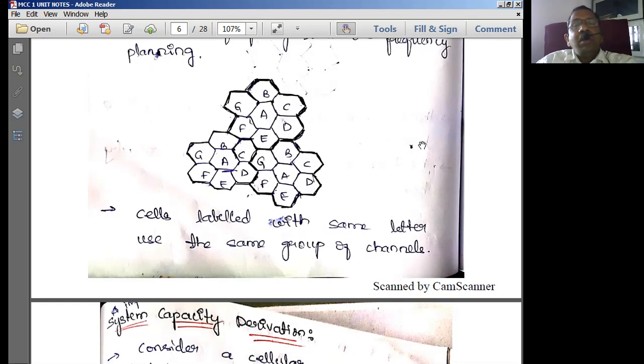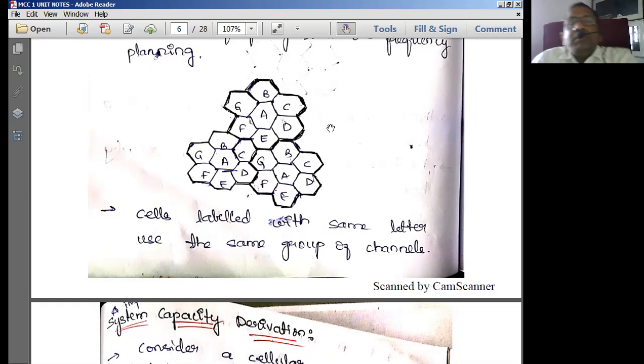All these cells use different frequency bands or different channels to transmit voice and data signals. All this group A, B, C, D, E, F, G is known as a cluster of cells.